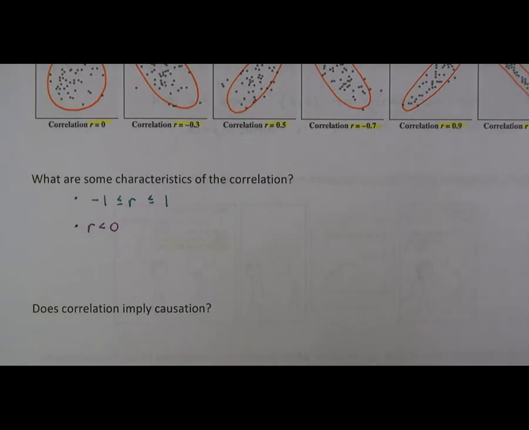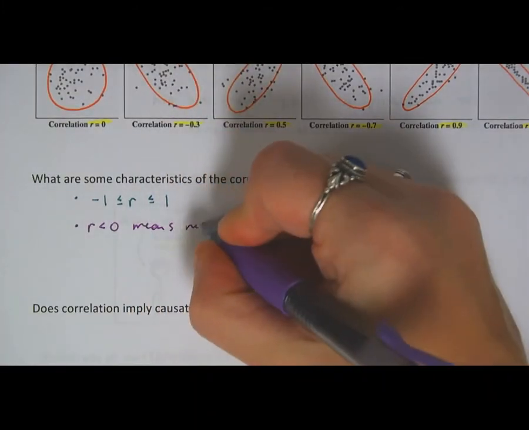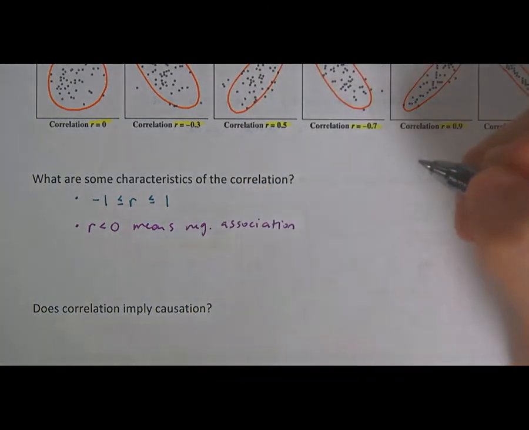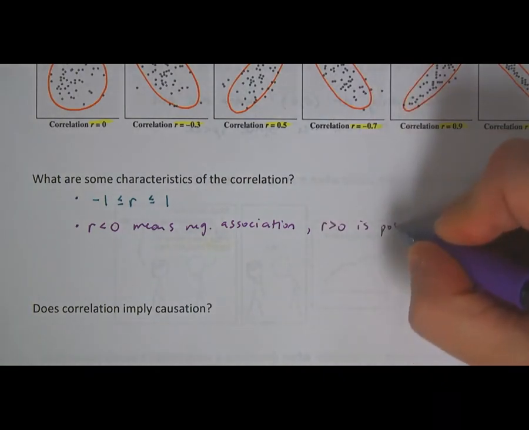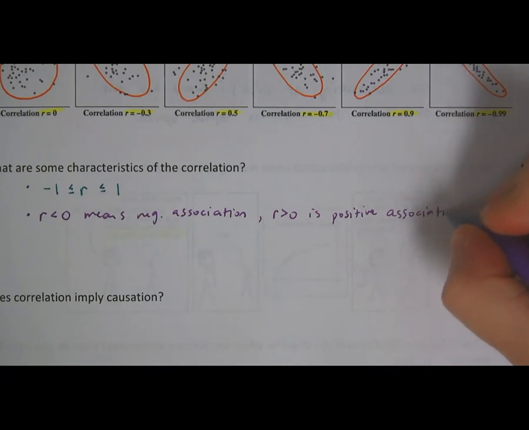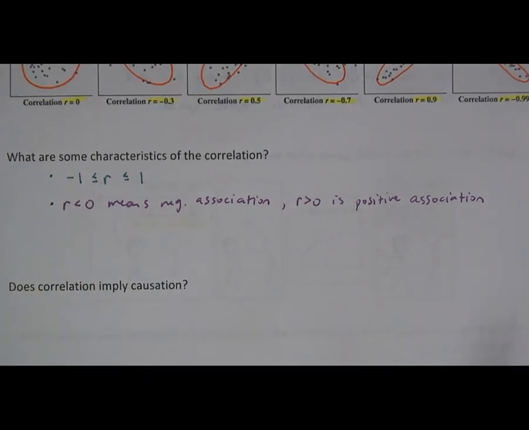If R is negative, that means there's a negative association. And R being positive is a positive association. And that's kind of a common sense deal. If you see a negative sign, it's a negative association. If you don't, then it's positive.